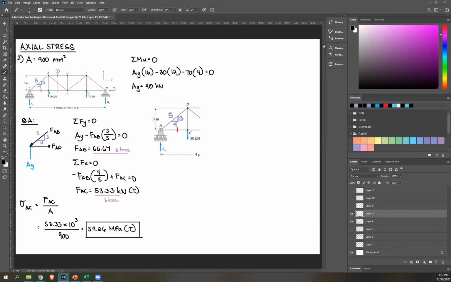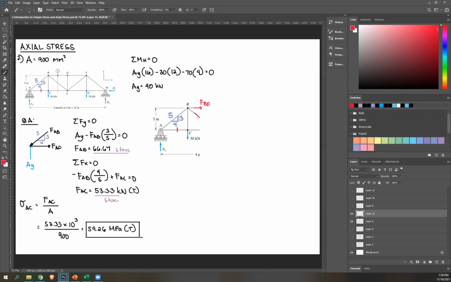Next step is to draw your internal forces. Now again, it's present wherever there is a cut section. So we have this. Let's call that force in BD, so FBD.